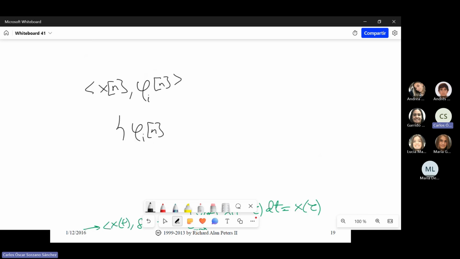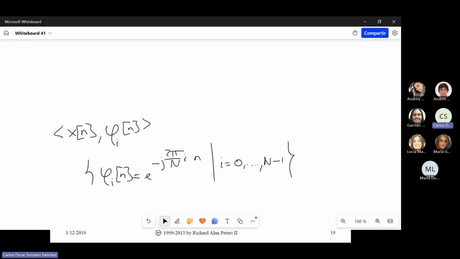My basis will be this, e to the minus j 2 pi i n over N. Okay. And i such that I go from 0 to N. This will be my complex valued basis.